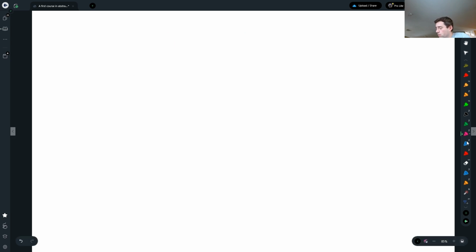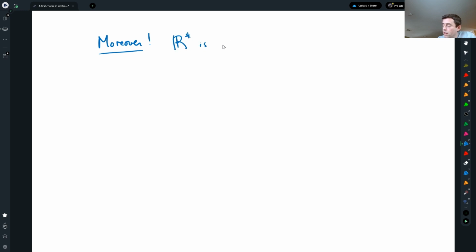Moreover, R star is abelian. And remember that every subgroup of an abelian group is normal. So any subgroup K in R star is normal.